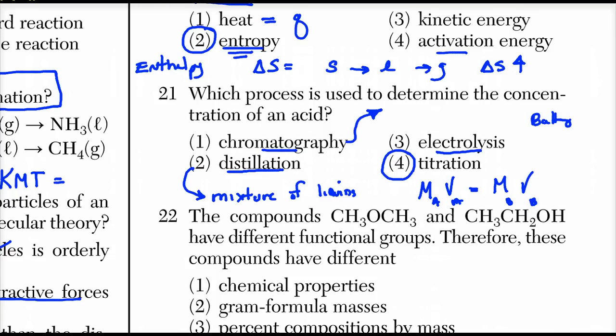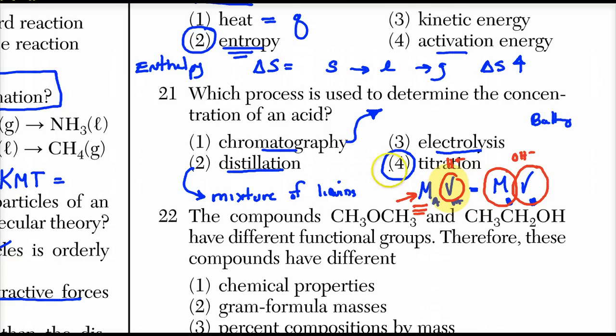And what we did here is we knew the volume of our acid. We didn't know the molarity, but knowing the volume of the base that was needed to neutralize the acid and knowing the molarity of the standard base, we came up with these 3 variables and solved for the molarity of the unknown acid. Of course, this works because you're matching, in this case, hydroxides with H pluses, protons.